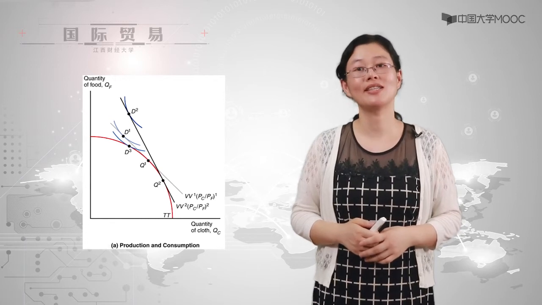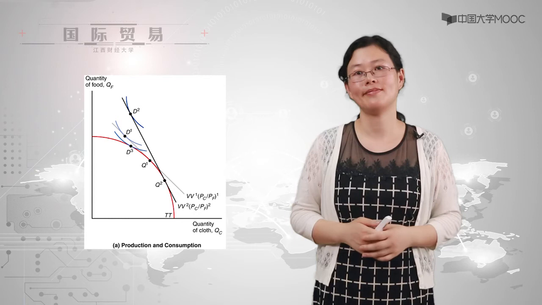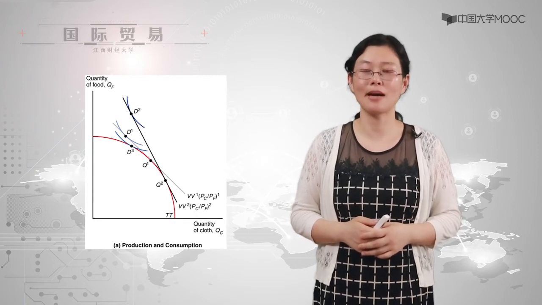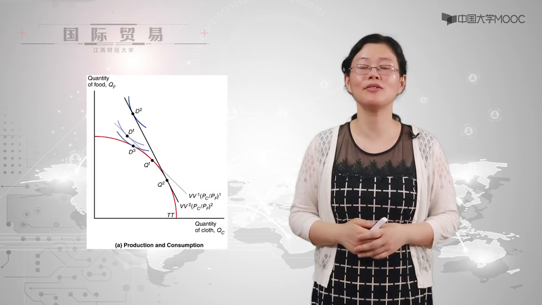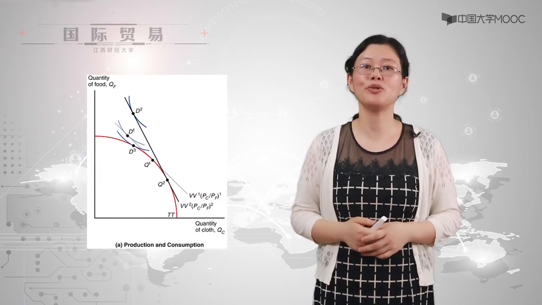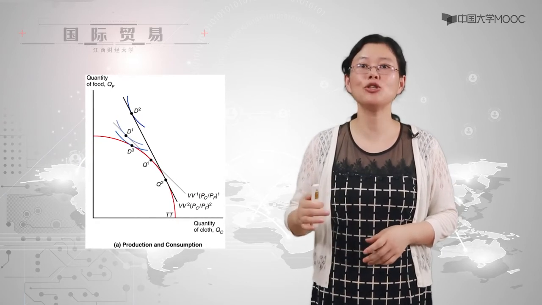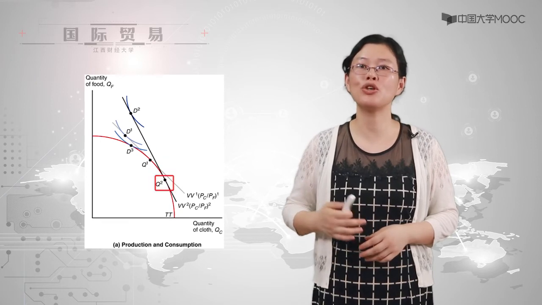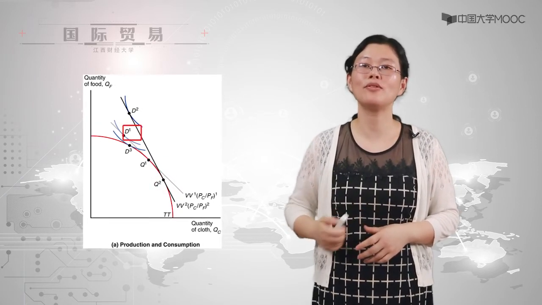As a result, when the relative price of crops rises, the isovalue lines become steeper, shifting from VV1 to VV2. The economy produces more crops than food, shifting production from Q1 to Q2, and consumption shifting from D1 to D2.